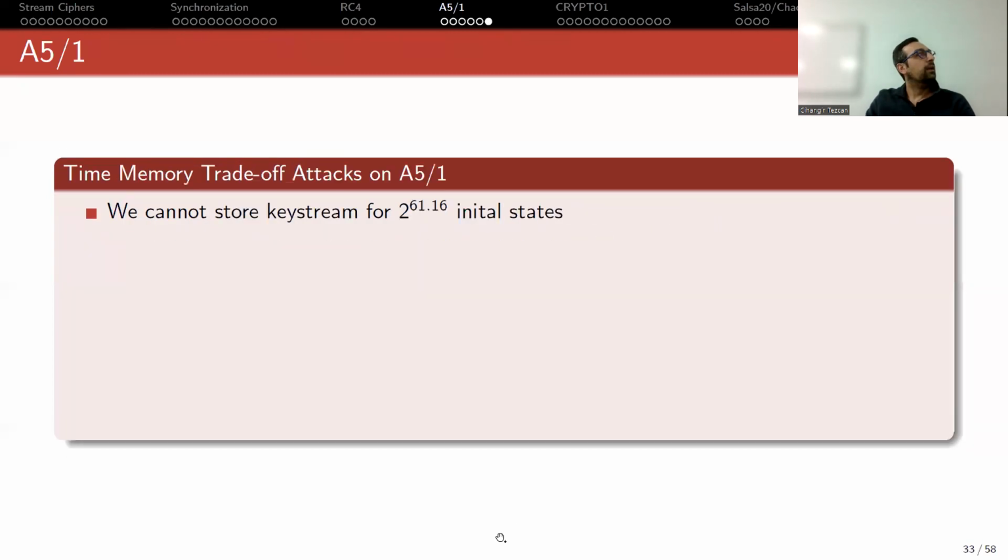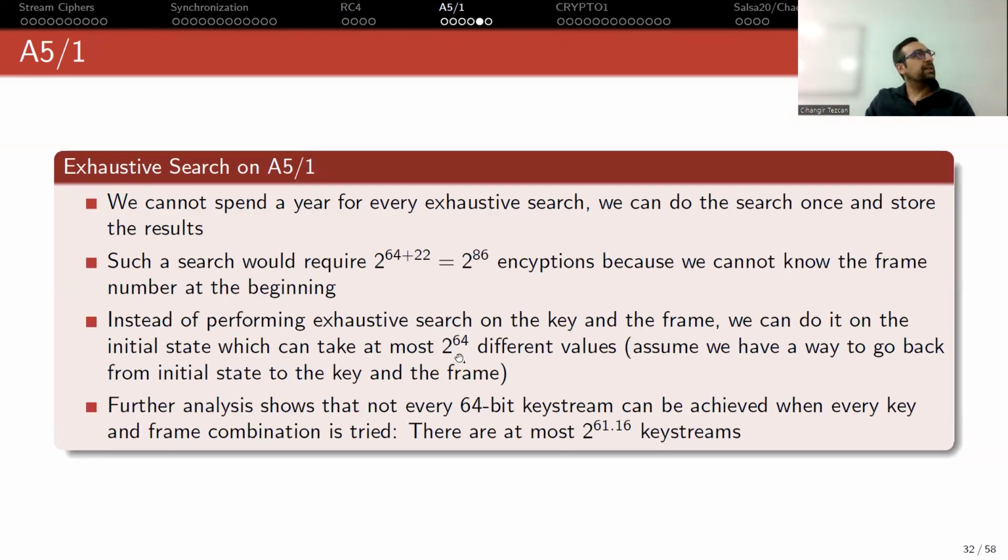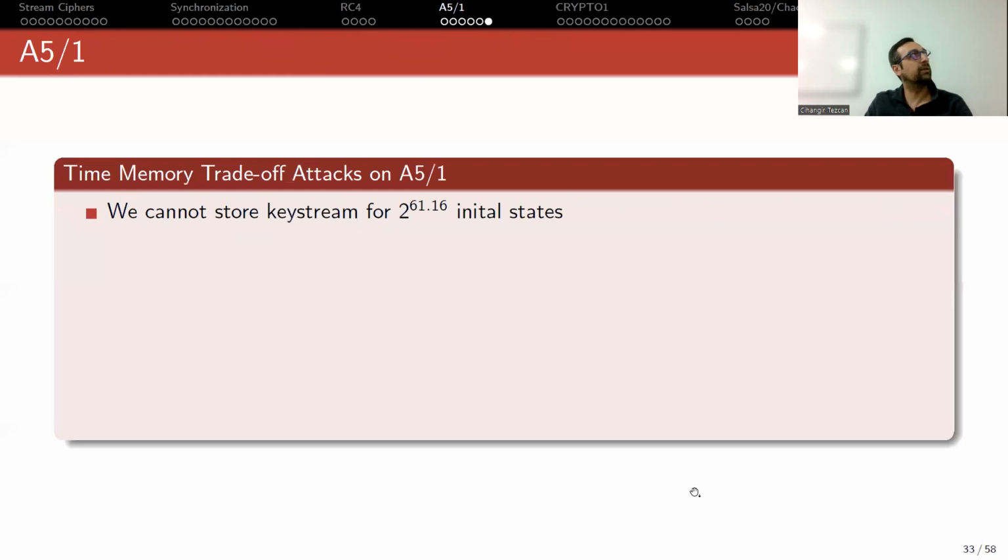Okay. So I'm saying that there can be at most 2 to the 64 different initial states, and actually, due to the design of the cipher, we cannot observe all of the initial states. It is even as small as 2 to the 61.16, but it is not important anyway.